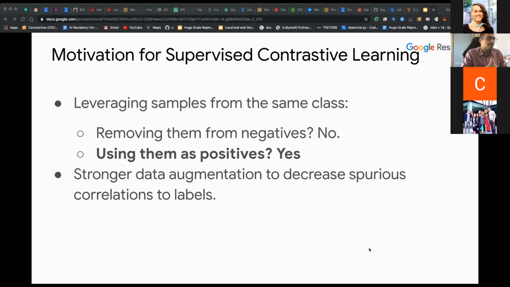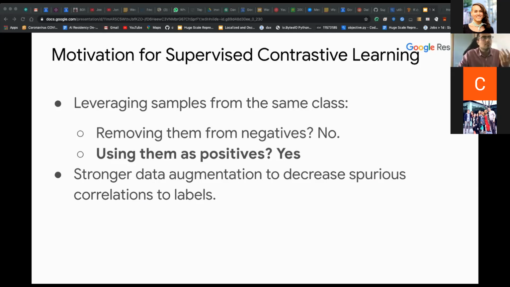And the other contribution that we felt was very important in making this work was using stronger data augmentation to make sure that you don't now learn spurious correlation to labels, because that was one of the good parts about contrastive learning, that since you weren't using label information, you weren't picking up spurious correlations between your image data and the labels associated with them. So the idea was to have very strong data augmentation which gets around that.